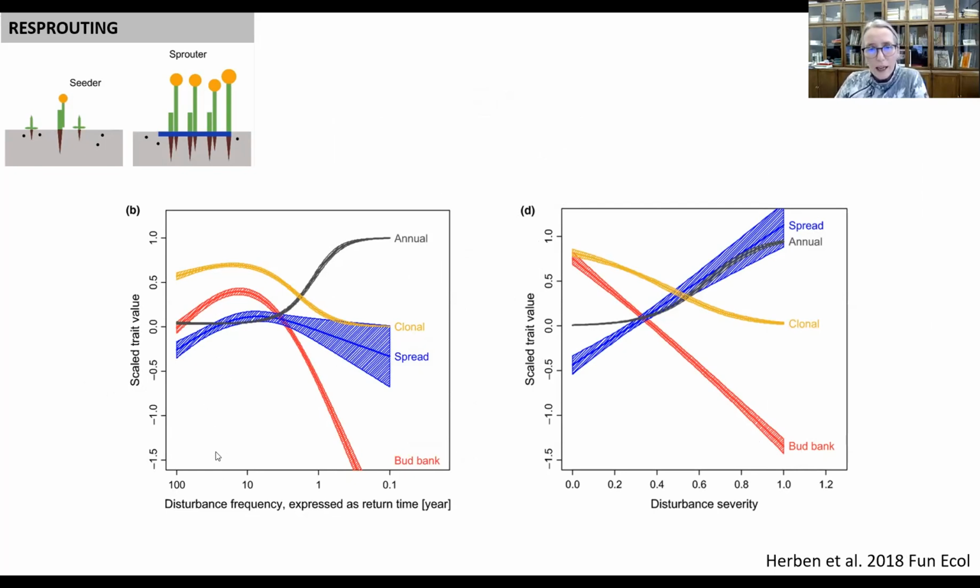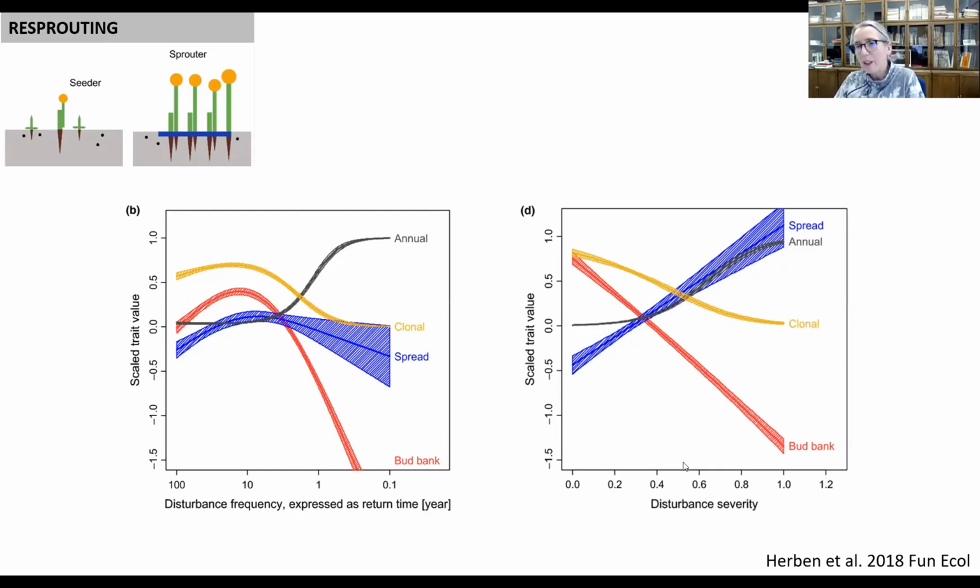So you can see that along disturbance frequency, the annual plants are increasing in frequency in these places, and clonal plants are decreasing. But there is a peak of bud bank, and a little bit also in the clonal plants, when disturbance return time is about 10 years. So the plants have a larger bud bank. And lateral spread of clonal plants is following this pattern.